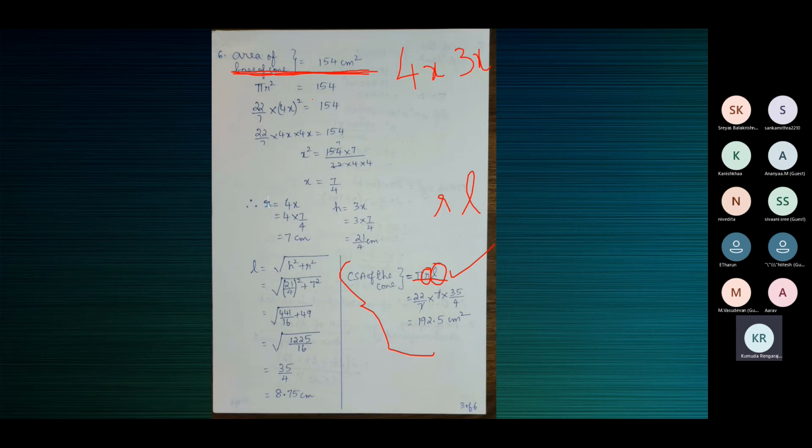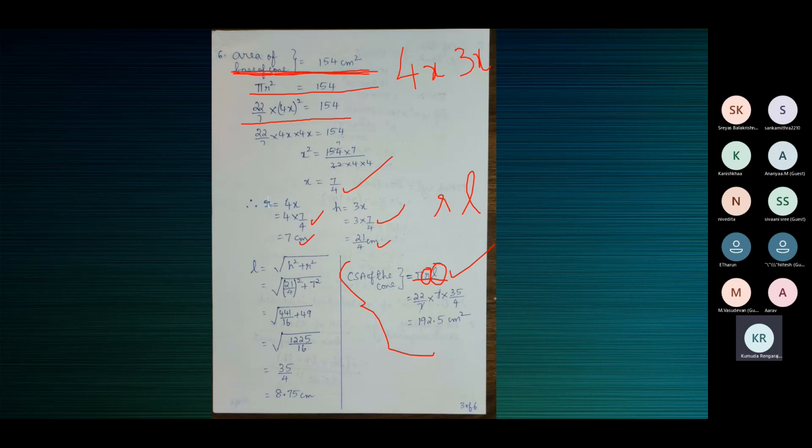Area of the base is 154. Pi r square is 154. 22 by 7 into 4x the whole square is 154. So this will give you the value of x. And once you find the value of x, you can find 4x and 3x, which is the radius and height.